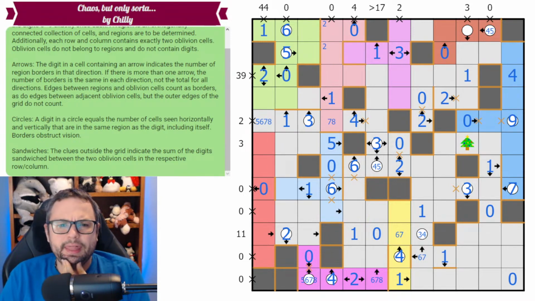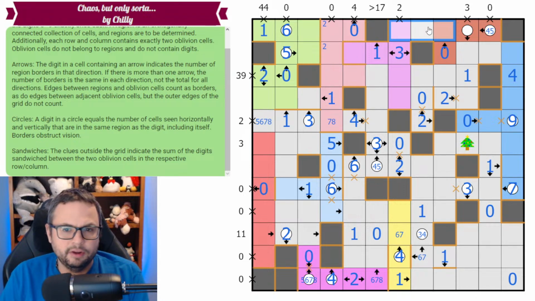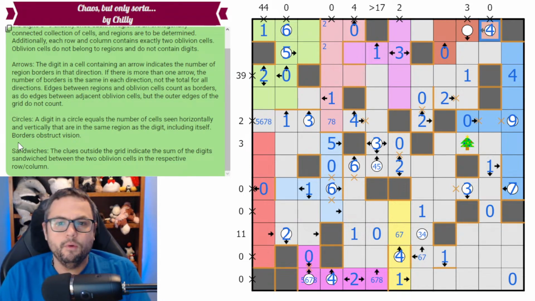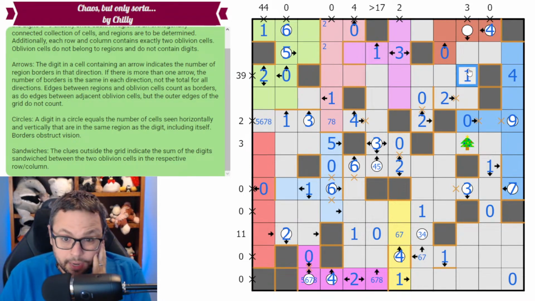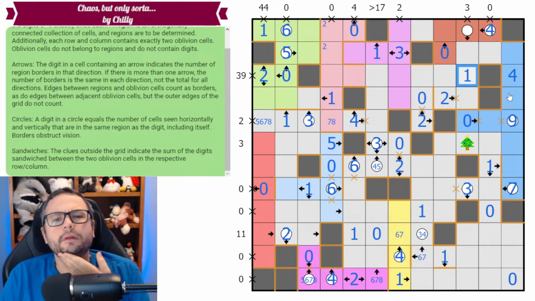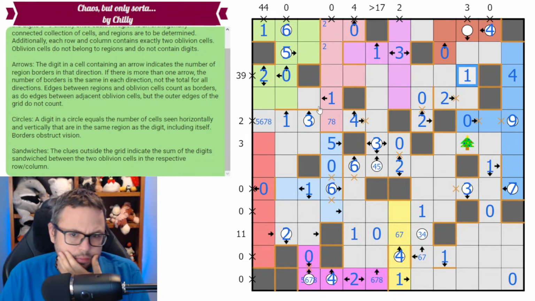So we have that. Oh, and we know, yes, we do know how many borders it's going to see. It's going to see 4 borders, not 5, because there's no way there's a bonus border other than the border we don't see between purple and rust bucket. So this is going to be a 4, regardless.